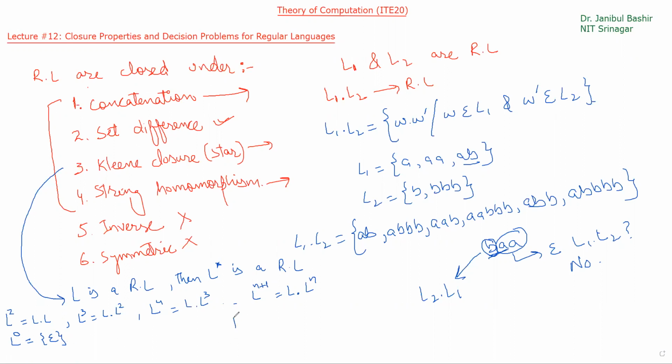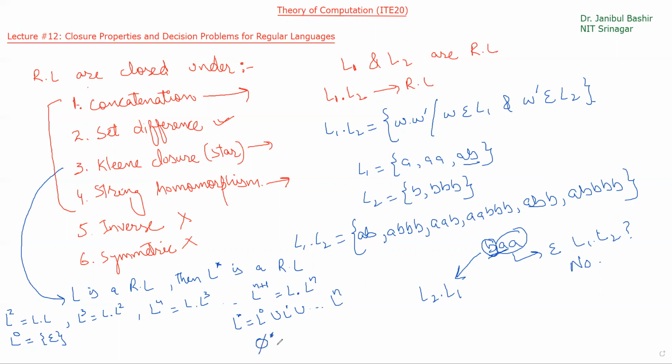So now what will be L star? L star will be the union of all these: L0 union L1 union and so on up to L raised to power n. So that will be L star. From this definition, what will be phi star?